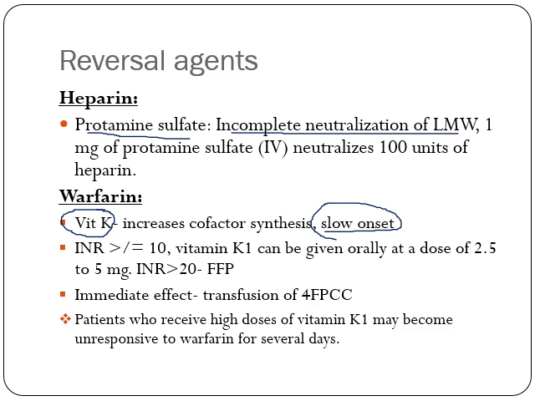If INR is more than or equal to 10, we have to give vitamin K1 at a dose of 2.5 to 5 milligrams, and if INR is more than 20, here we have to give fresh frozen plasma. Fresh frozen plasma will act rapidly, so in case of INR more than 20, we have to use FFP.